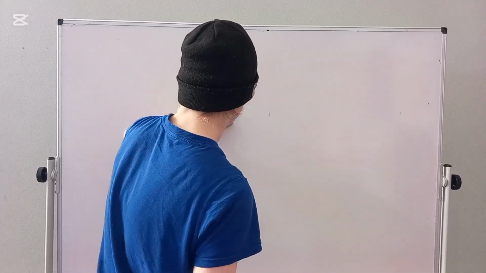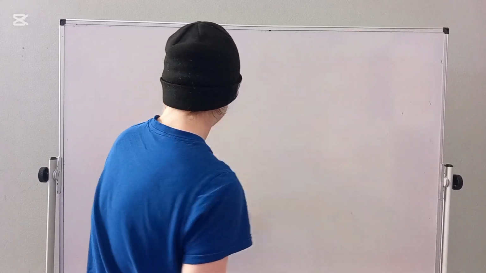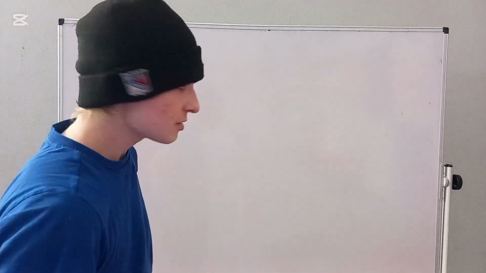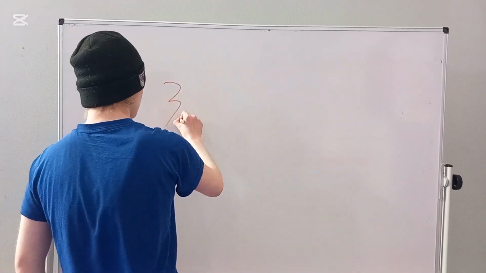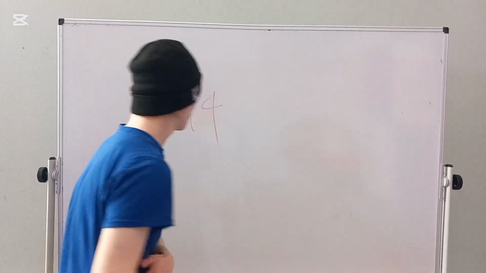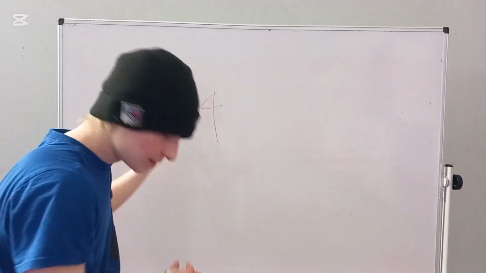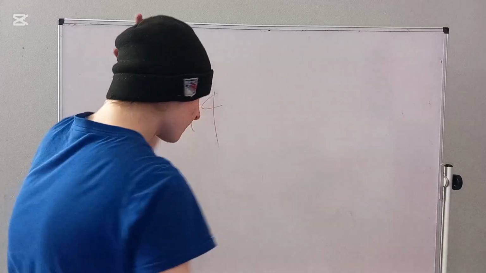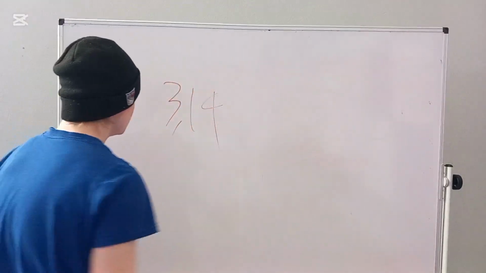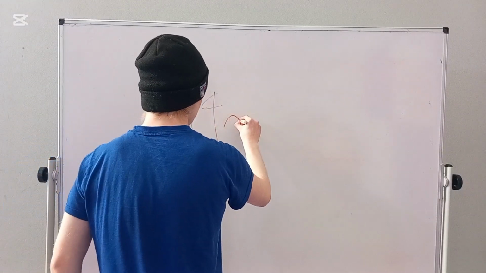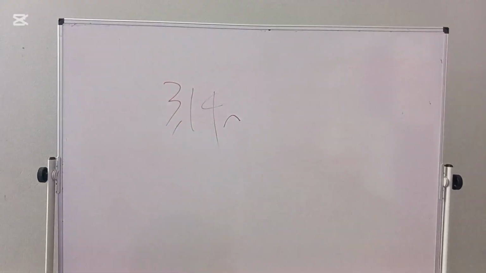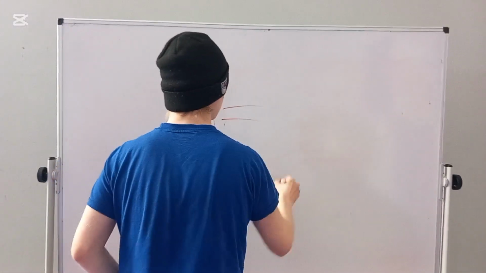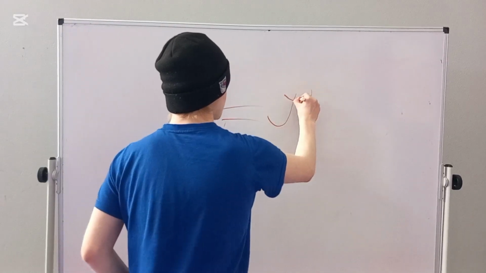And of course, we need to know the first 2 decimals of pi. It's just this. So, if you use a calculator for doing your math, you can either use this or just pi.